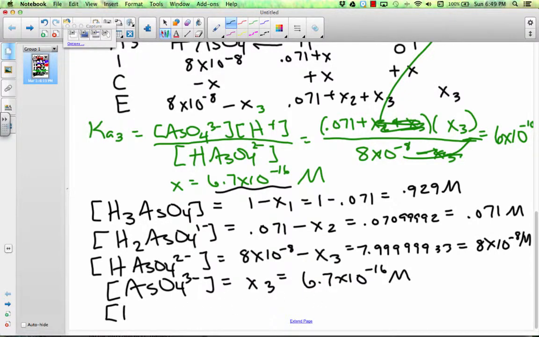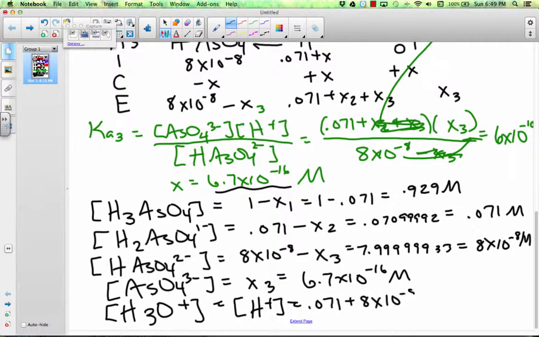And then here's the one that's going to give us our pH value. Hydronium ion, which in this reaction I just called hydrogen ion, same thing. And that's going to be equal to the 0.071 plus 8 times 10 to the minus 8 plus 6.7 times 10 to the negative 16.